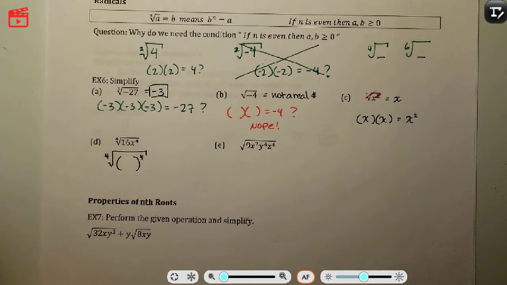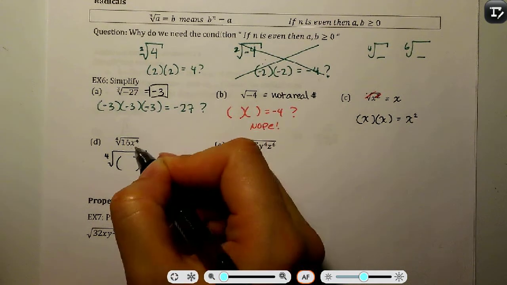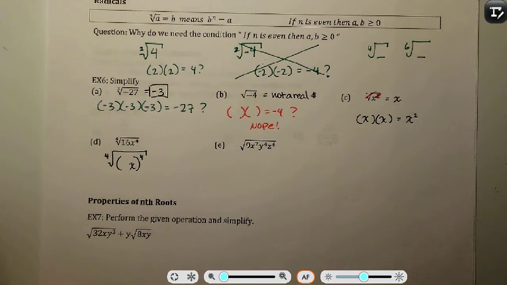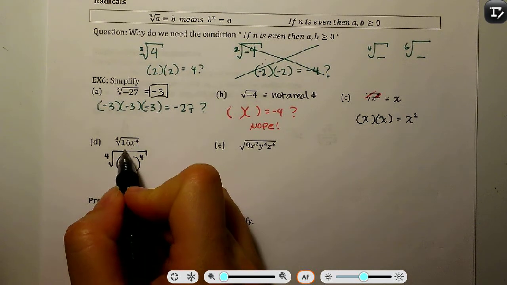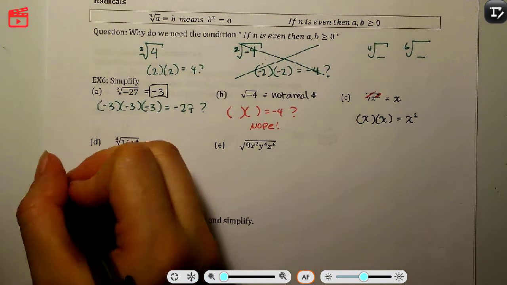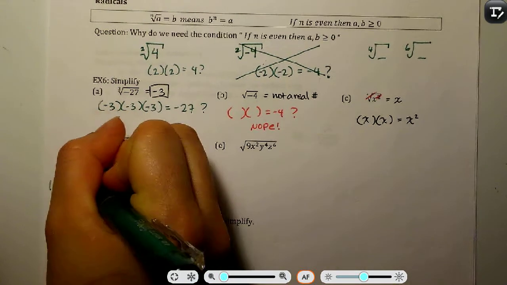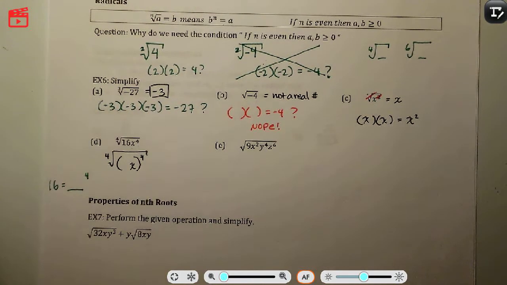And then I can sort of cancel them out if you want to say that. Well, the x to the 4, it's already got a fourth, so we can write that down. The question is, can I rewrite 16 as something to the fourth power? Is there a number that times itself 4 times gives me 16? Yeah, 2.